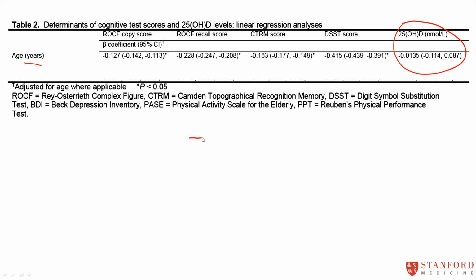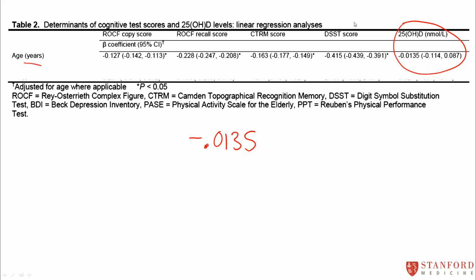So the beta coefficient here is negative 0.0135. So that does mean that as your age goes up, and the outcome here is vitamin D, your vitamin D level goes down. For every 1 year increase in age, we are decreasing our vitamin D levels by an average of 0.0135. So it's not a big effect, and it's not statistically significant.